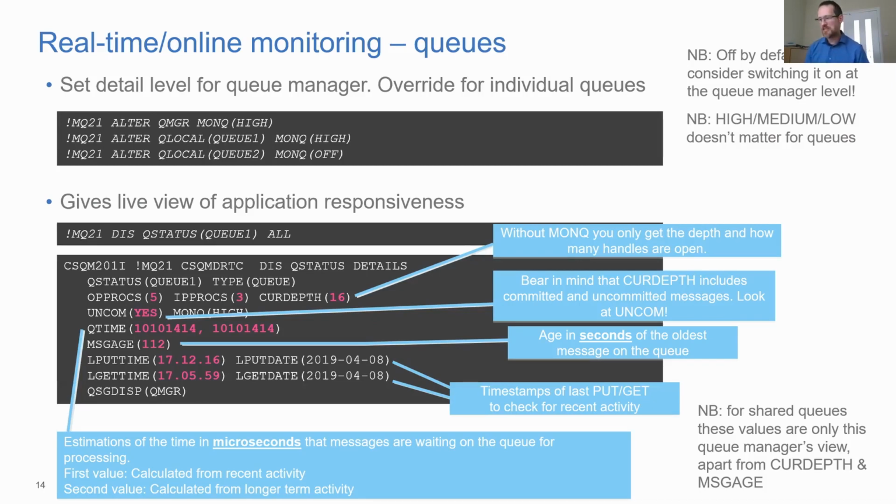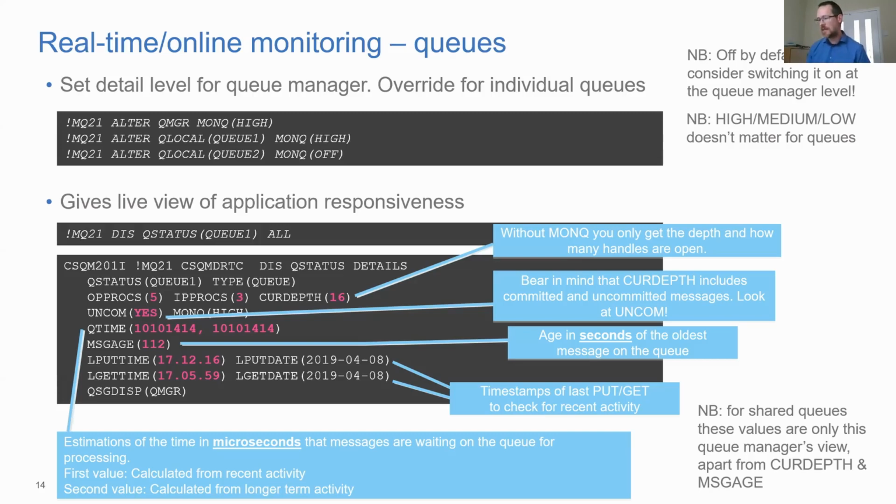Because really, you don't want messages to be sitting on the queue for a long period of time. And if they're no longer going to be processed, then either you need a way of clearing them off, or you need to think about, when you send a message to that queue, having it with an expiry defined by the putting application, or maybe you can use the cap expiry function that's in queue now.